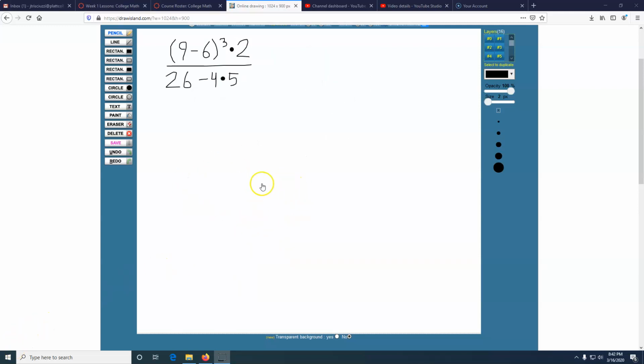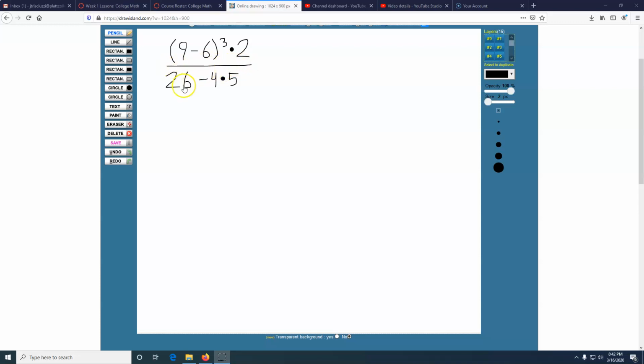So the final case type that I want to look at are ones that involve fractions and order of operations. So before you have a heart attack, it turns out these are not as bad as they look. You still follow order of operations, but the key thing to remember here is do not worry about that fraction bar. That's actually the last thing you should worry about.